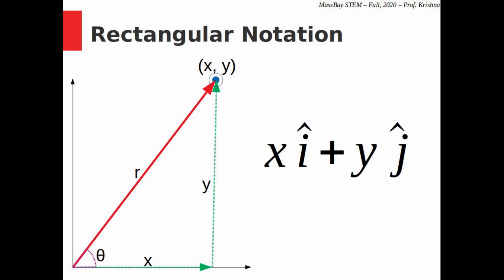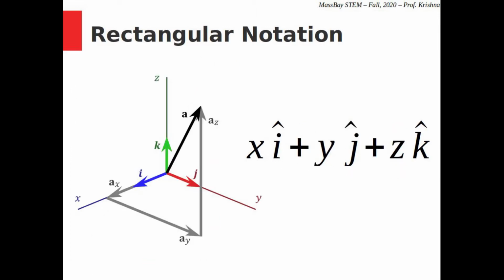As you probably guessed, rectangular notation can easily be expanded into the third dimension, like this. In the case of a three-dimensional vector, we would account not only for the x and y components, but the z component as well. We would include a k hat term to represent the z component.